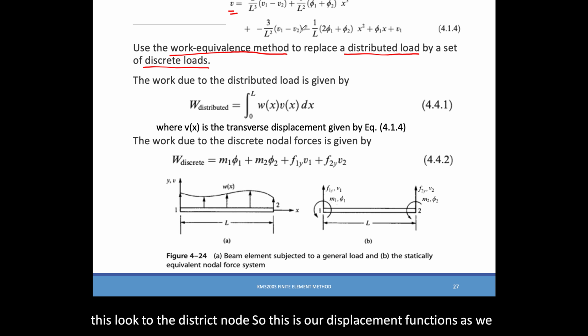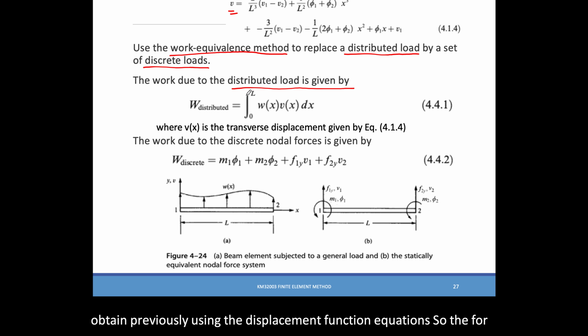The work for a distributed load will be given as the summation of the load acting along the displacement. The work done is force multiplied by displacement, so we have this integral.